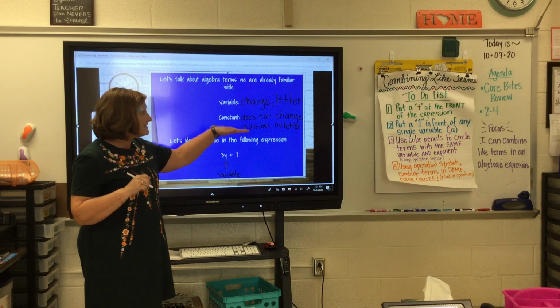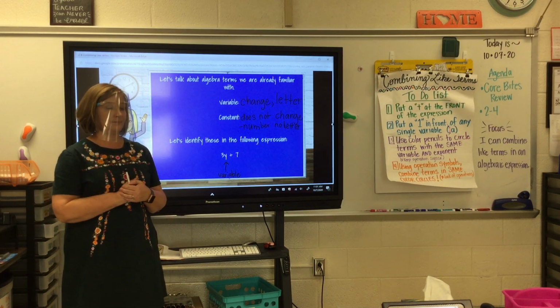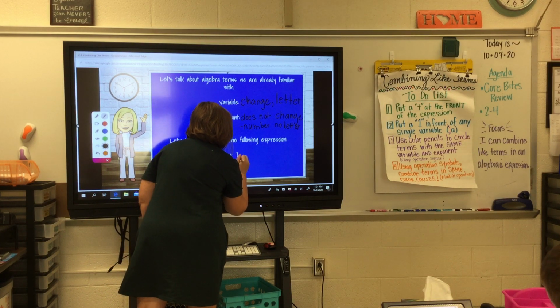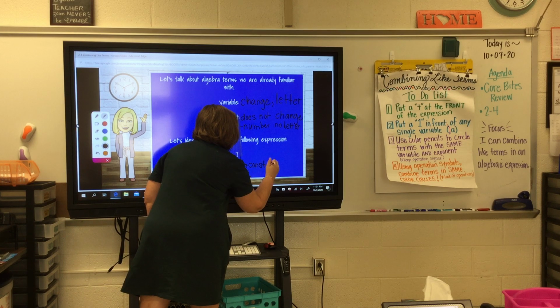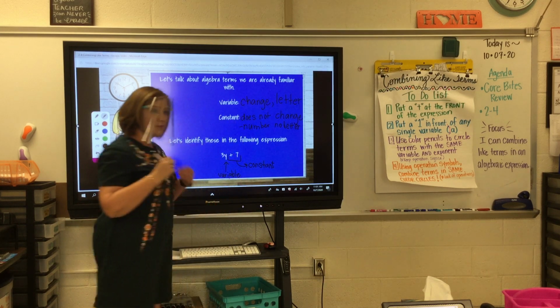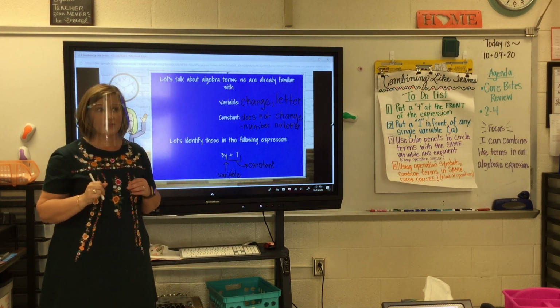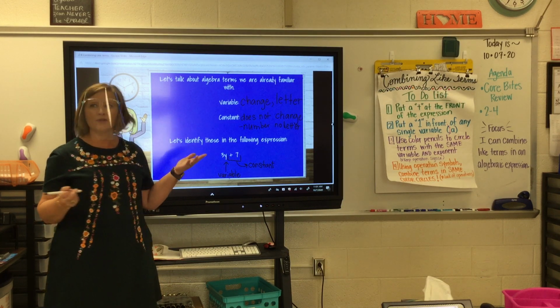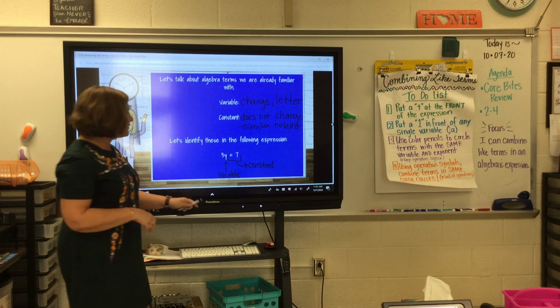It's a number by itself. There's no letter with it. 7. And it is what kind of 7? A plus 7. You've got to keep the operation sign. Now, what did we not label here? We didn't label the 3. We didn't say what that was.